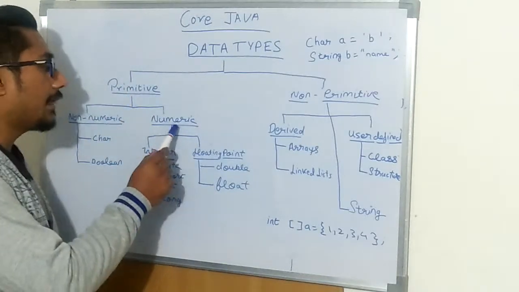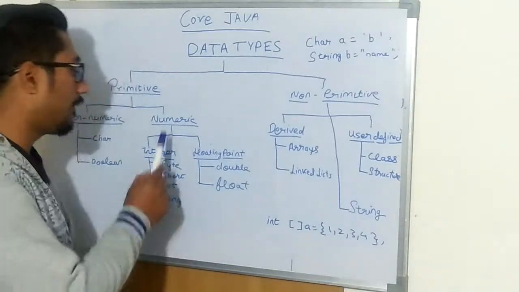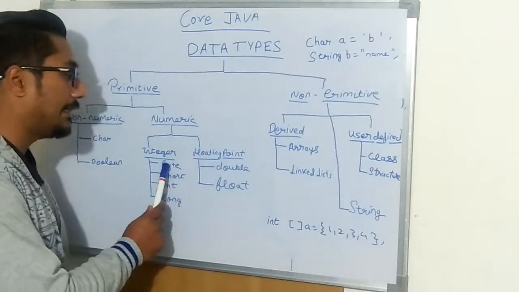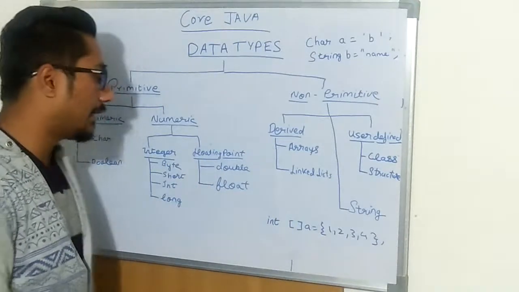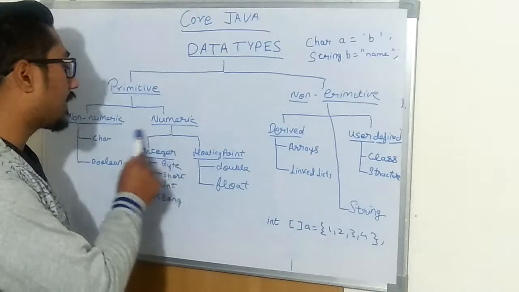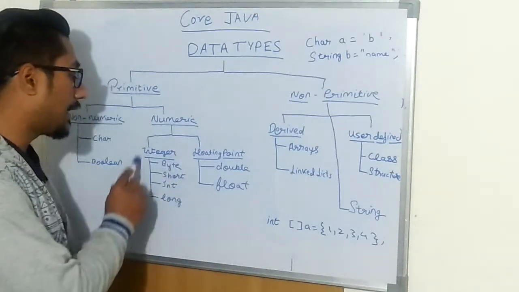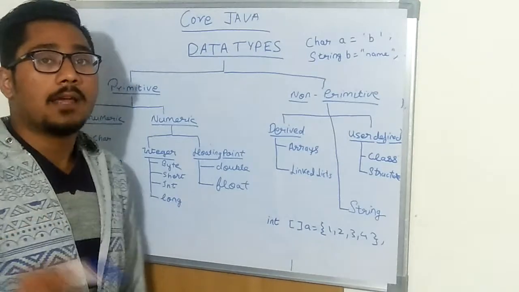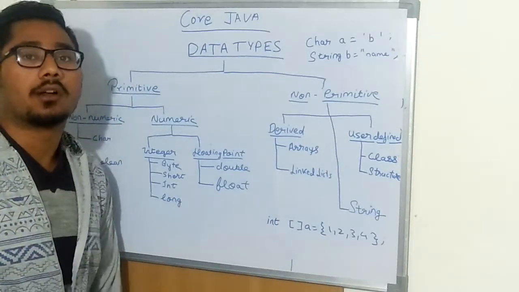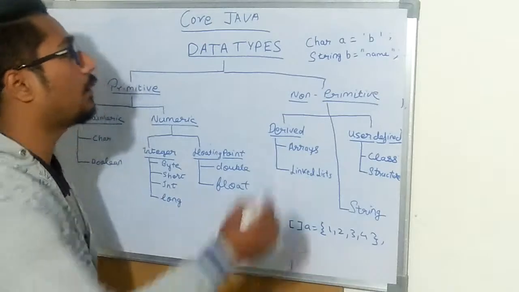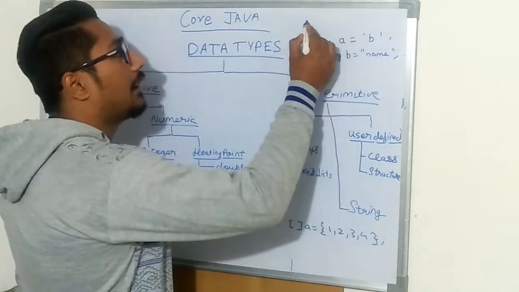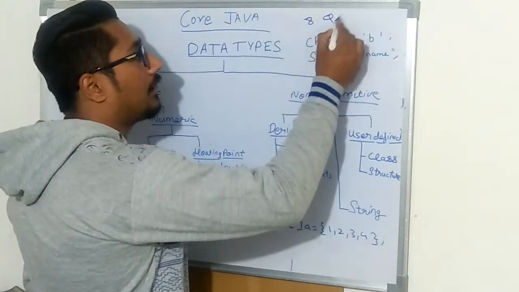We have here again numeric data type divided into two subcategories, that is integer and floating type data type. So integer data type consists of non-fractional values. These data types are only used where non-fractional values are to be stored. Non-fractional or non-decimal values, like 8, 9, 10.